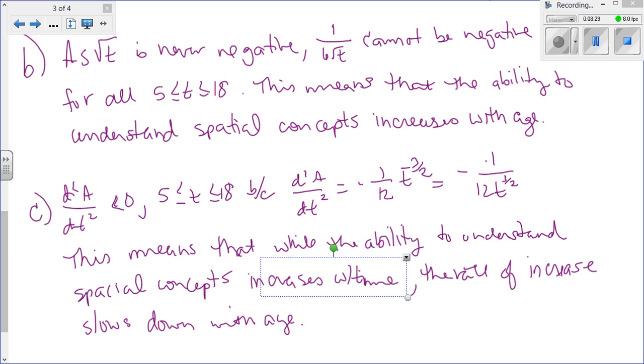So in other words, the older somebody gets, the easier it is for them to understand the spatial concepts. But as they get older, the rate at which their ability grows will actually slow down.